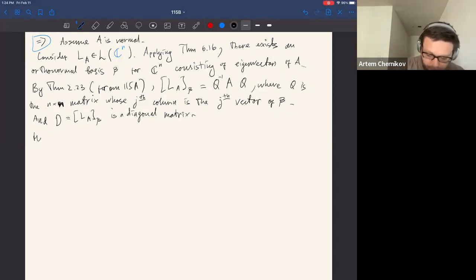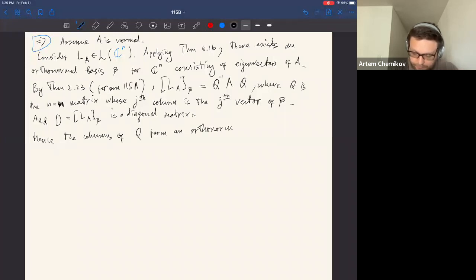Now, what it tells us is that the columns of the matrix Q form an orthonormal basis for F^n, because the jth column is the jth vector of beta. F^n in our case is C^n.